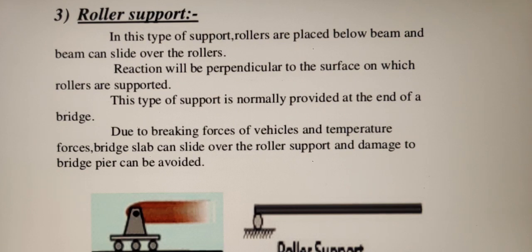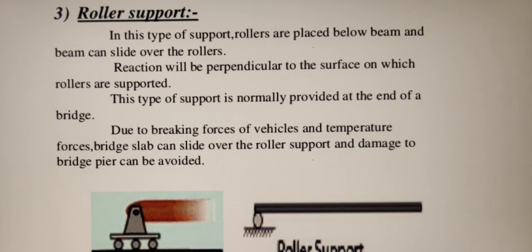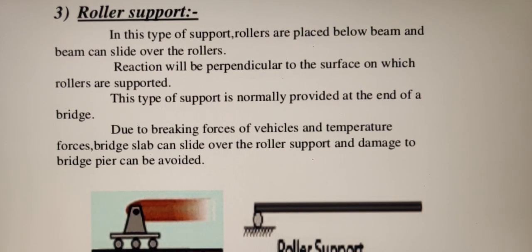This type of support is mainly provided on one side of the bridge. Why are we providing a roller support on the bridge? The reason is that due to the braking force of the vehicle and temperature force, the bridge slab can slide over the roller support, and damage can be developed to the bridge pier.